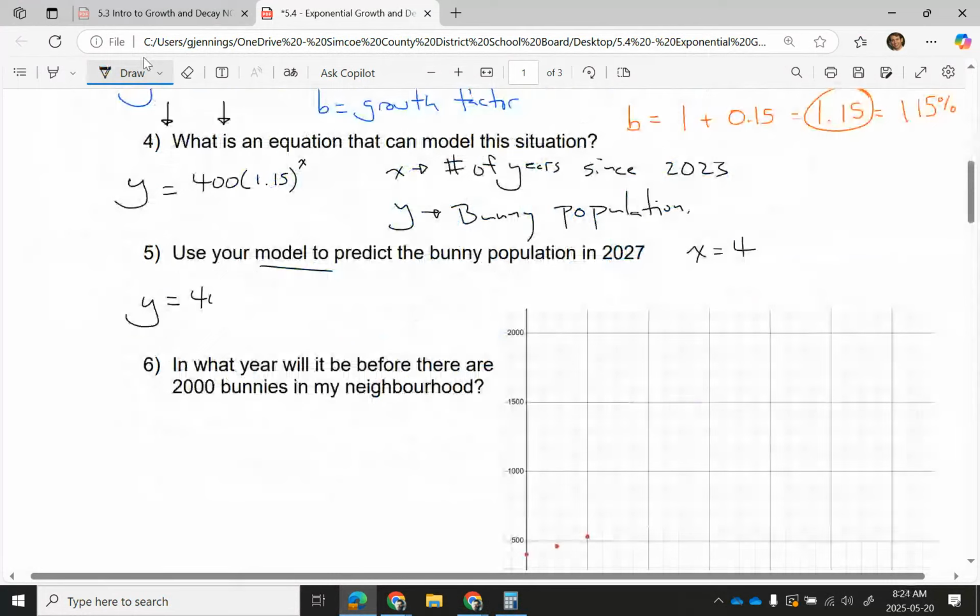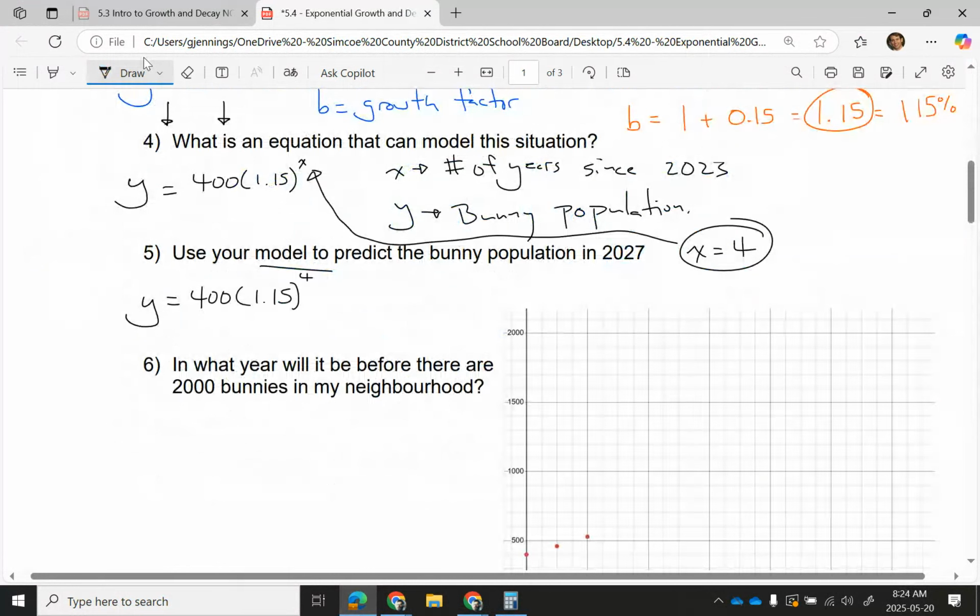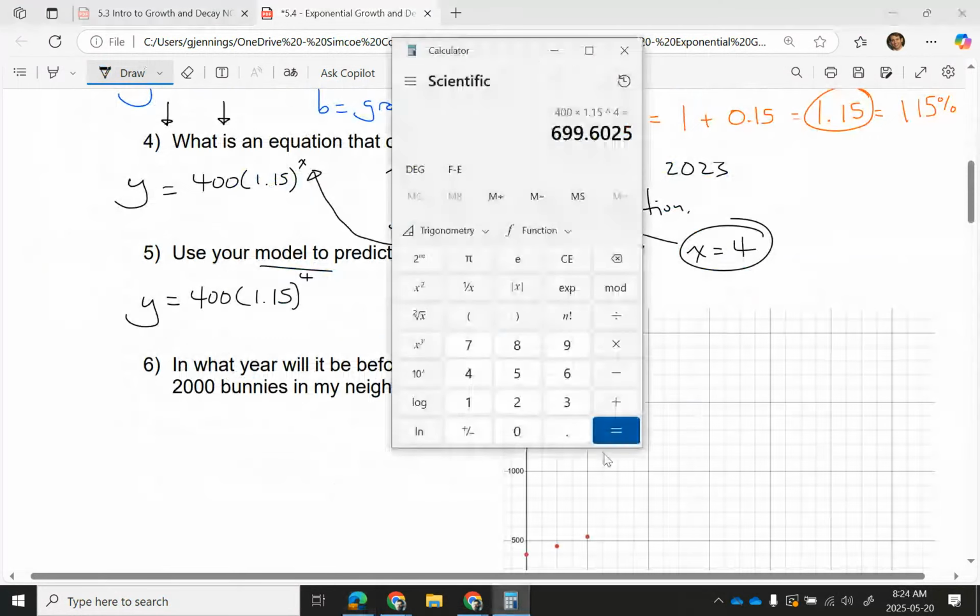It's a function, so we're just going to input x. That's our input, and it's definitely within our domain. 4 years is a reasonable number of years to use this model for. 400 multiplied by 1.15 raised to the power 4 equals 700 bunnies.